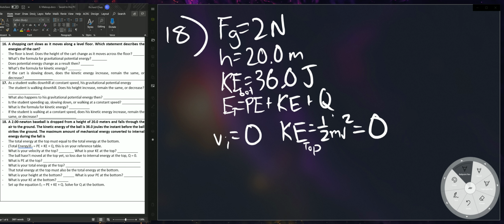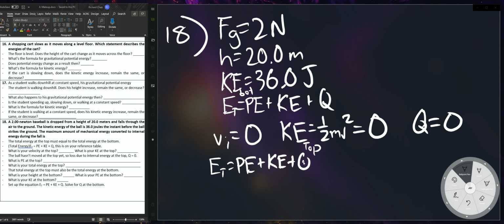The ball hasn't moved yet. So you know your Q is 0 as well. So what is your total energy at the top? Total energy is PE plus KE plus Q, and if K is 0 and Q is 0, your total energy at the top is just your potential energy.